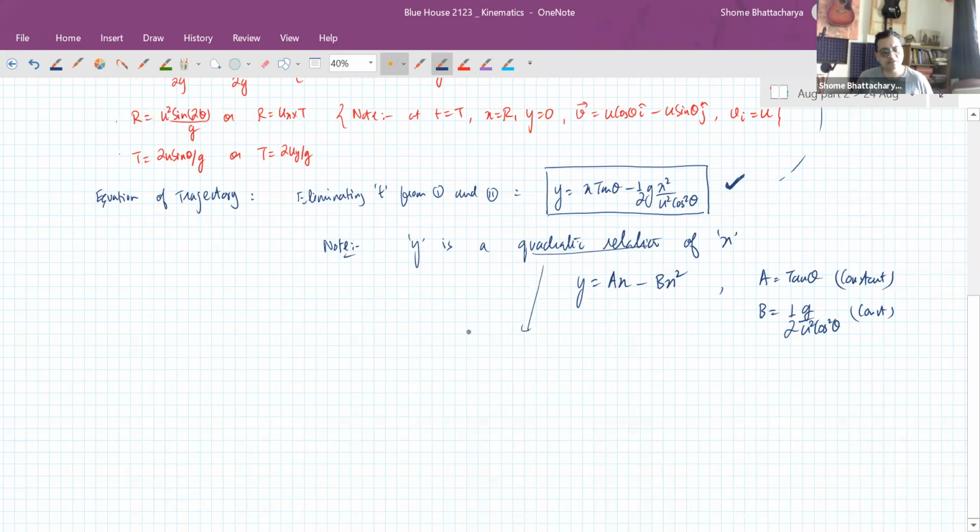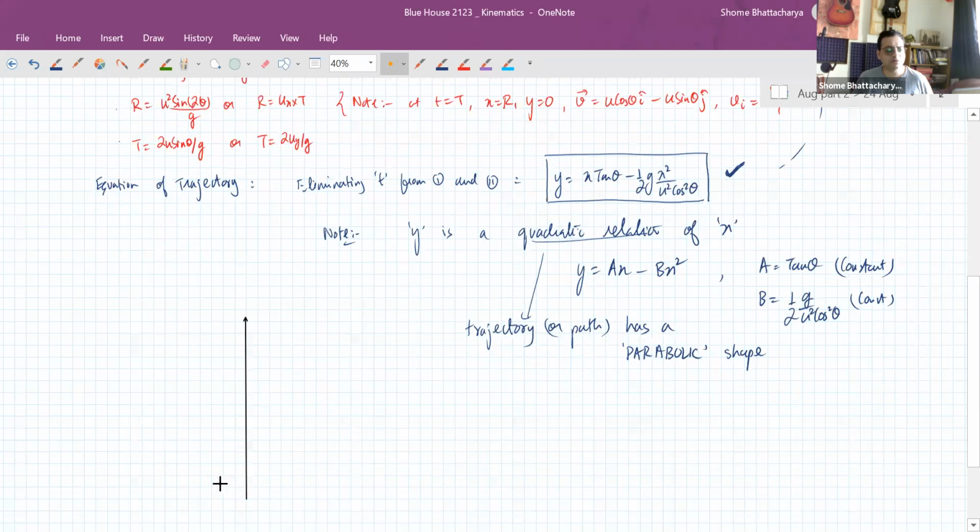That the trajectory or the path is of what shape? It is parabolic. The trajectory or path has a parabola shape. So when we draw that curve that represents the actual path along which that particle is going, mathematically what is that path called? In coordinate geometry, it is called a parabola.